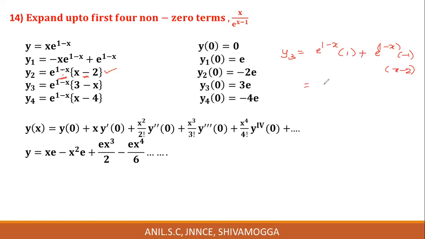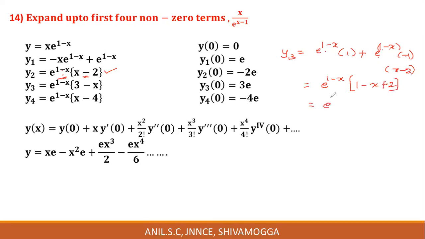Therefore, this is equal to, here e power 1 minus x is common in both the terms. You keep it outside. As this term comes outside, we get 1. And here, as e power 1 minus x comes outside, we get minus 1 into x minus 2. Minus 1 into minus 2 is plus 2.